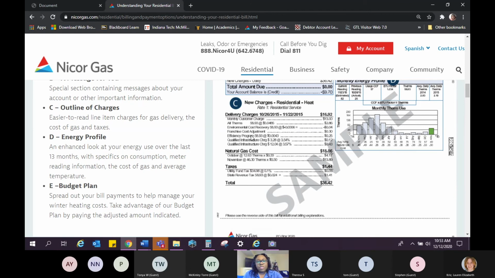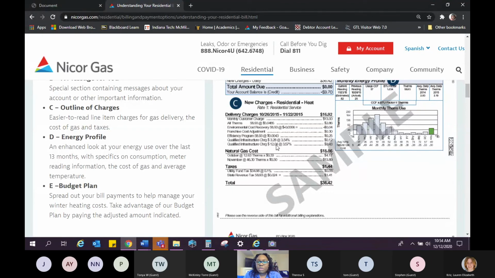And then the environmental cost recovery, looks like there was a credit added to their bill of 4 cents there. Franchise cost adjustment, and a lot of customers don't know what these different charges are, so I will briefly go over that after we get done with this section. The efficiency program, every customer does pay into that, so it's definitely something you want to take advantage of. And the qualified infrastructure charge.